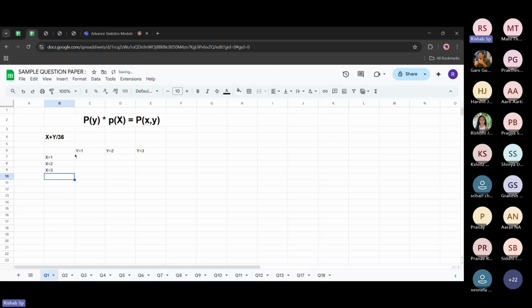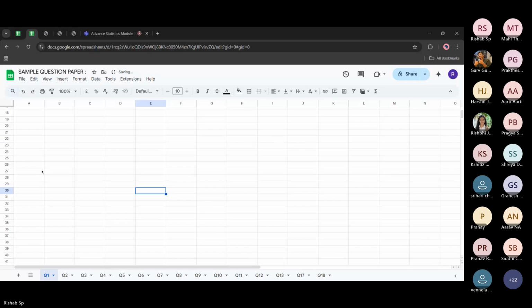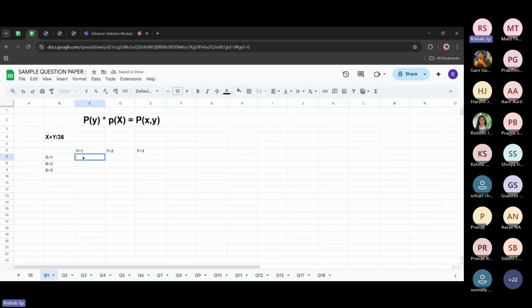Now what we'll do is equate these values with this. So x plus y: x is equal to 1, y is equal to 1, it is 2 divided by 36. Y is equal to 2, x is equal to 1, 3 divided by 36. Y is equal to 3, x is equal to 1, 4 divided by 36. Here, what will be the value?